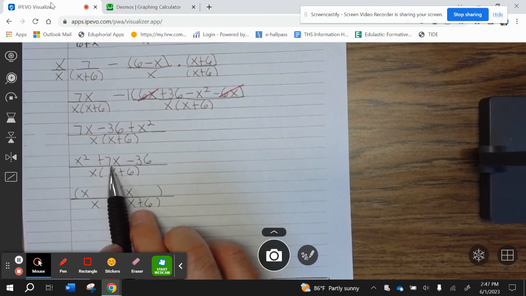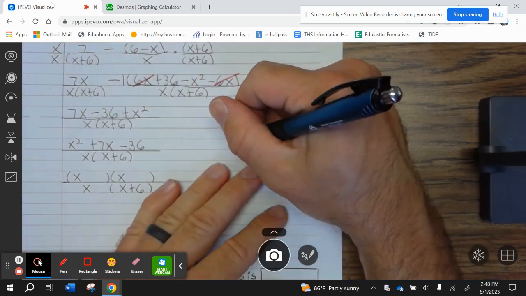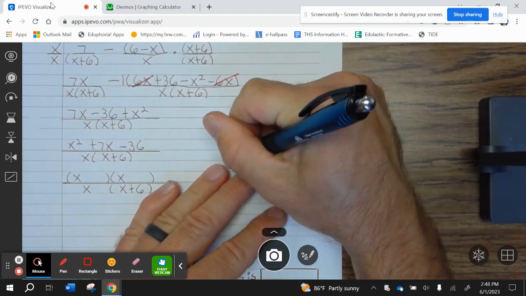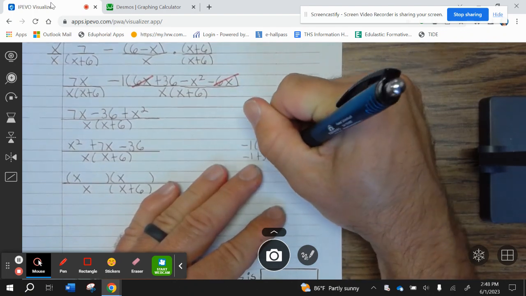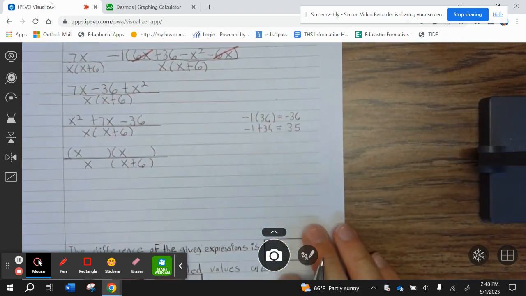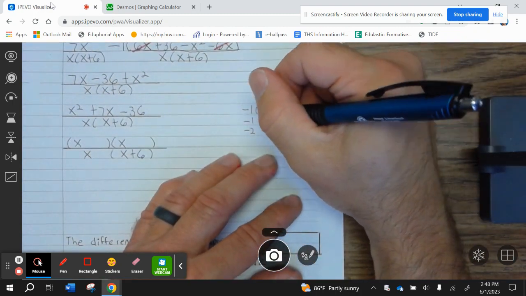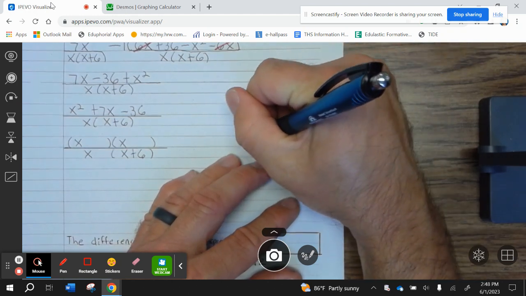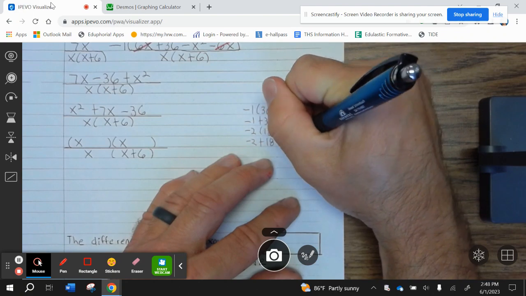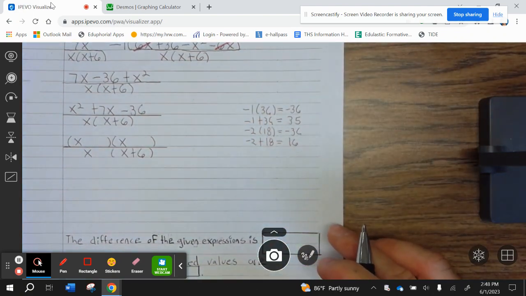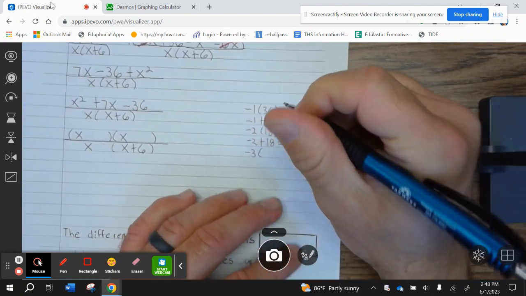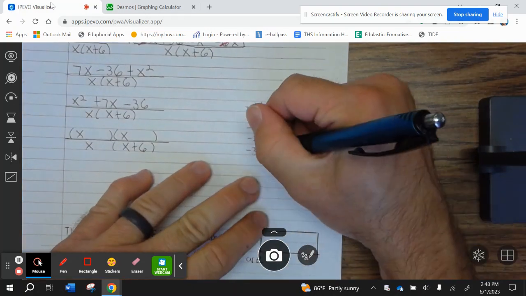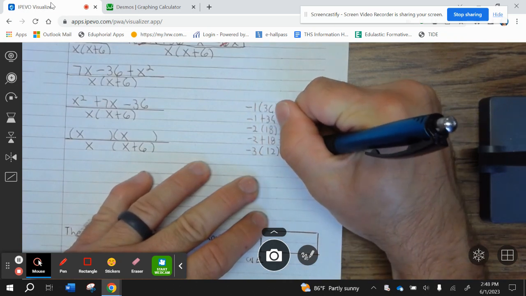Since the middle number is positive, the bigger number is positive. So negative 1 times 36 is negative 36. Negative 1 plus 36 is 35. That doesn't work. Negative 2 times 18 is negative 36. Negative 2 plus 18 is 16. That doesn't work. I believe negative 3 times 12 is negative 36.